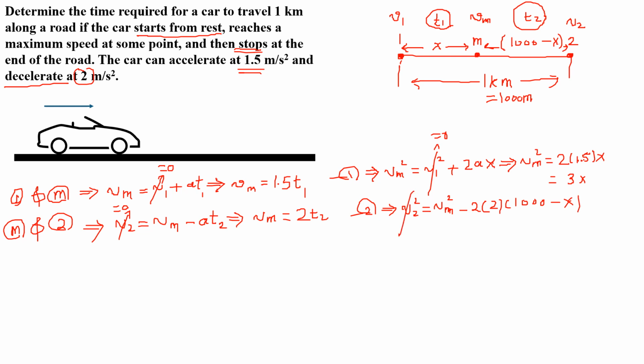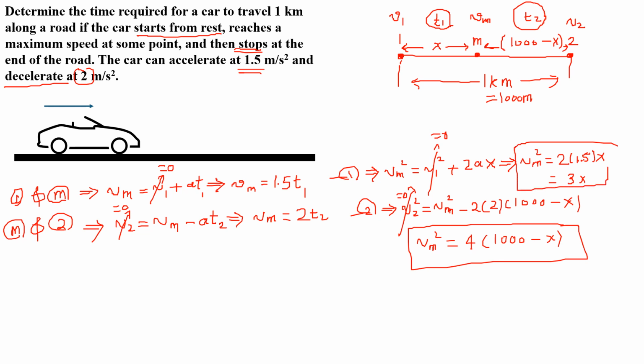And now we know this is 0, so let us solve again for Vm. I'll have Vm squared equal 4 times 1000 minus x, right? So I have now this equation, and previously I have also this one.